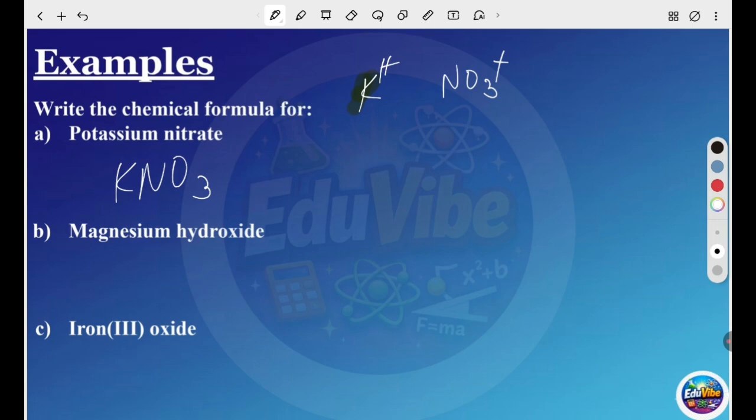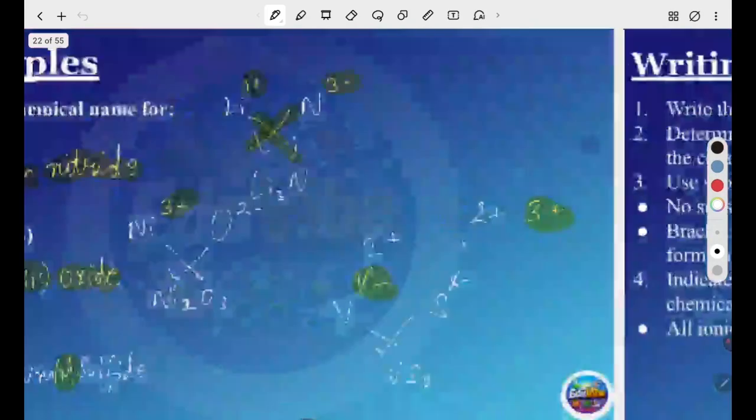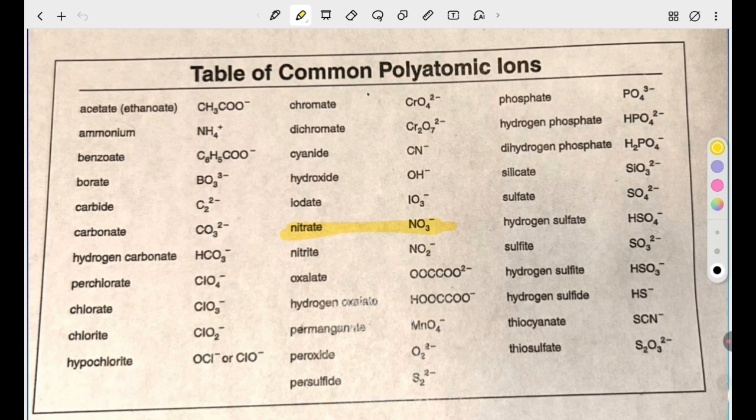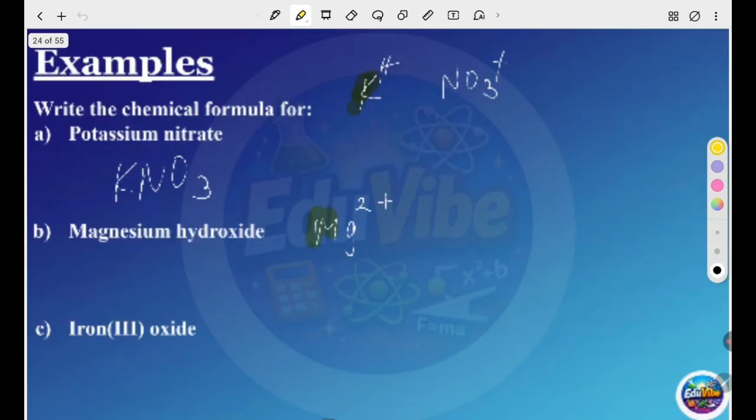Next one is magnesium hydroxide. We know magnesium is Mg2 plus, and hydroxide is again a polyatomic ion. For this we didn't cancel anything.